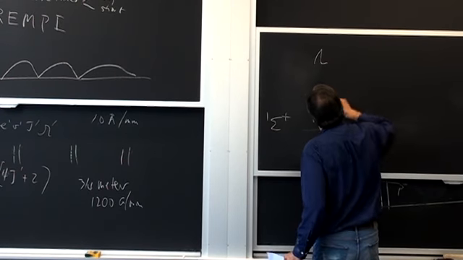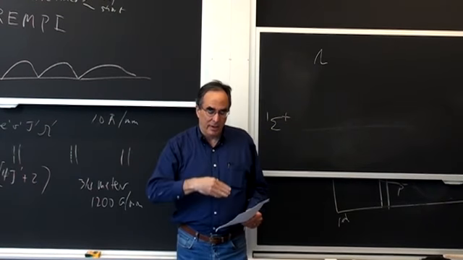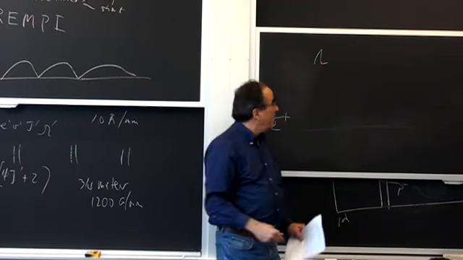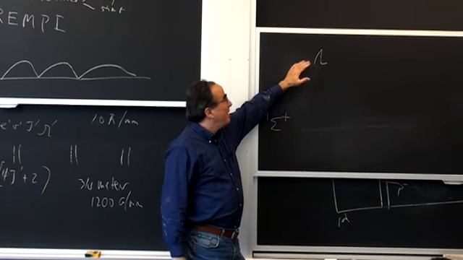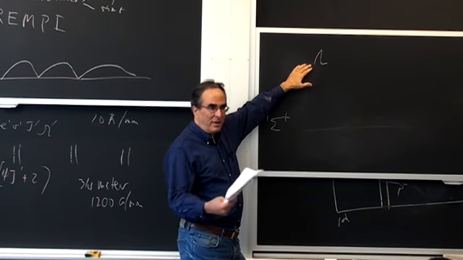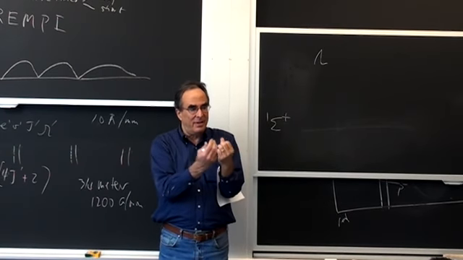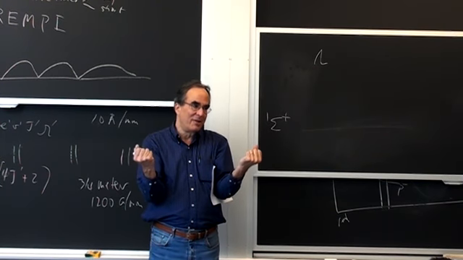So we have lambda, which is the orbital angular momentum projection on the internuclear axis. And this is a source of confusion for a lot of people because lambda is a projection of L, the total orbital angular momentum, but this is not round. This is a not round molecule. L is quenched by the not roundness.